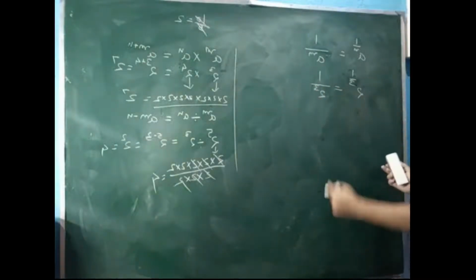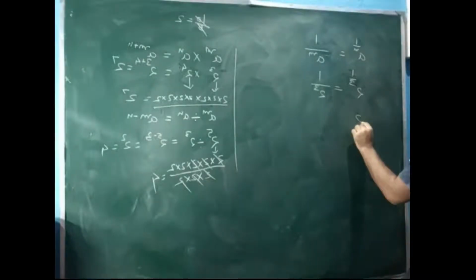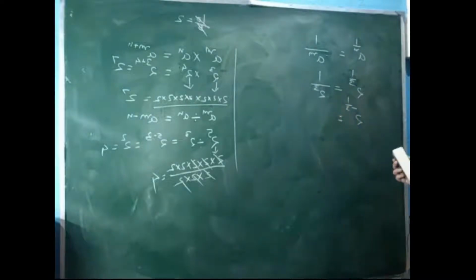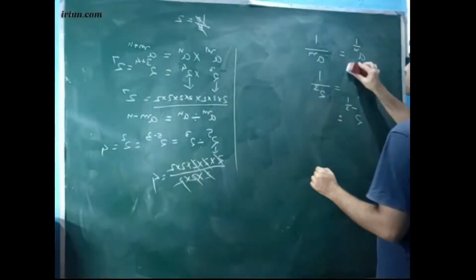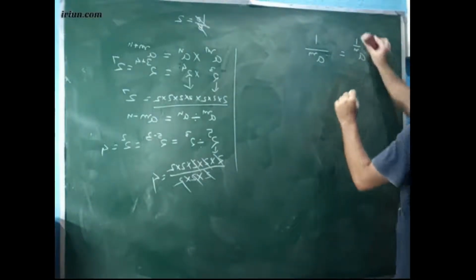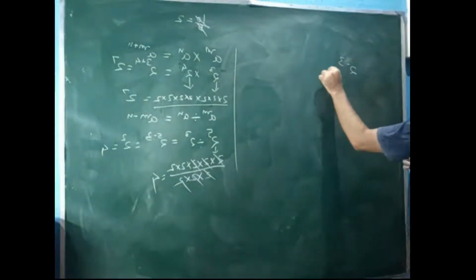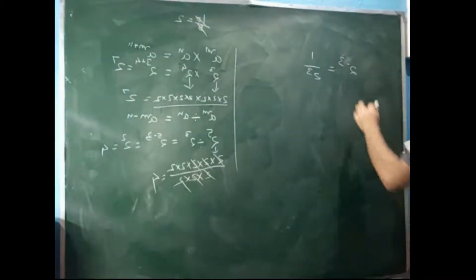And also if you have 2 to the power minus 3, it's basically 1 by 2 to the power 3. Okay, so that's why we need a minus.